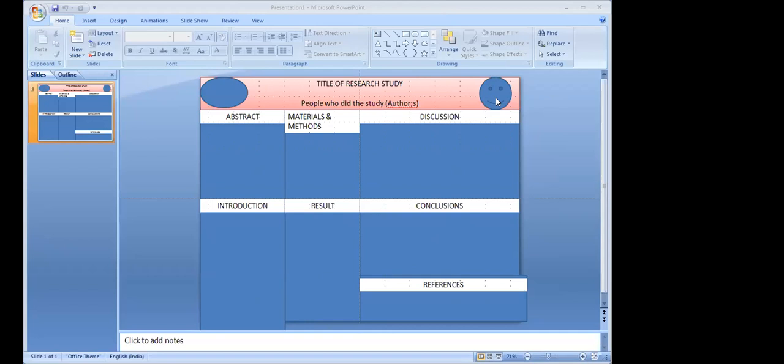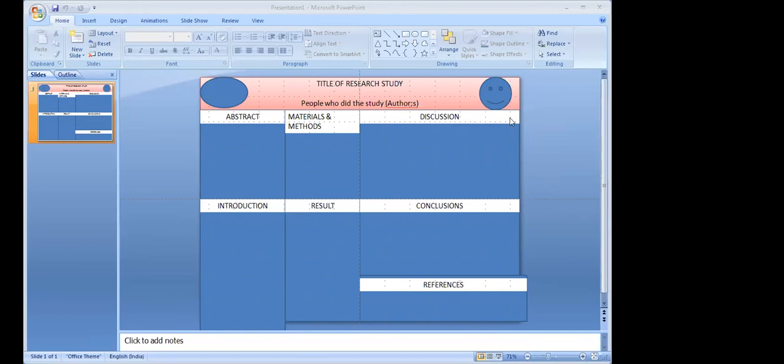Just below it there should be the authors' names, or the people who did the particular research study. Let's say two of you or friends did some research work, so both names should come there. If three people collaborated, then three authors will be there.